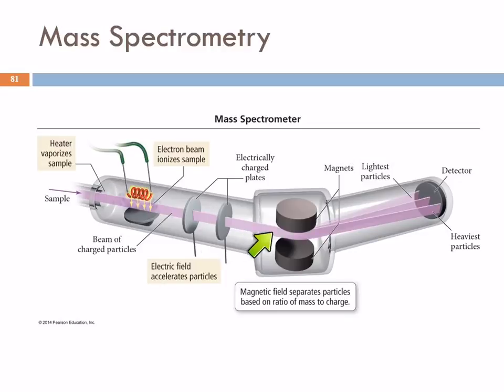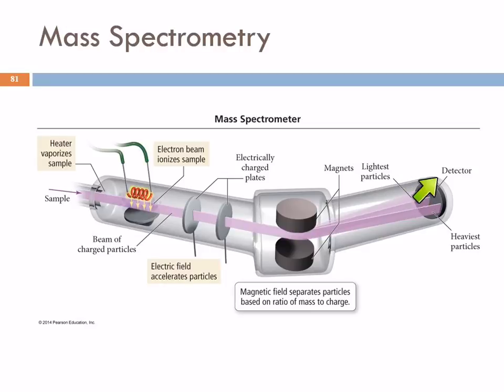And then we send them through this magnetic field. The magnetic field is going to separate the particles based on the ratio of their mass to their charge. And the heavier particles will be deflected less, and the lighter particles will be deflected more.